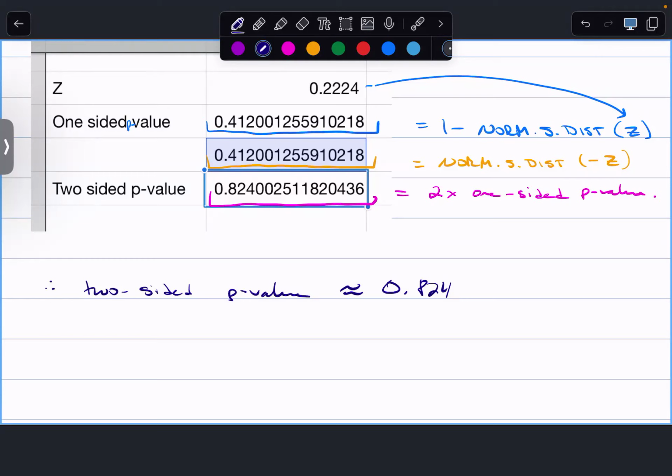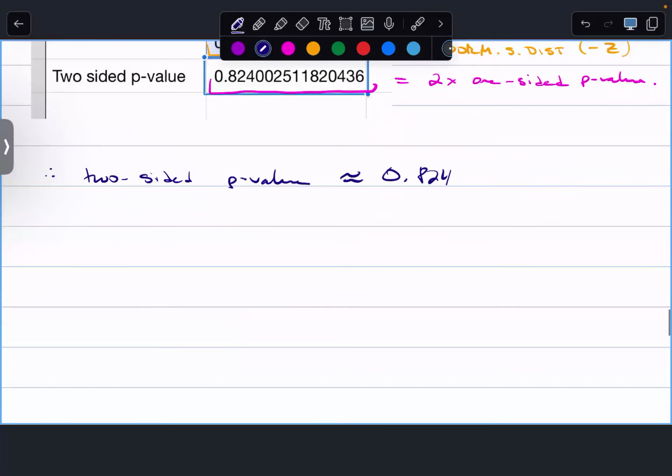We already suspected that we weren't going to reject H naught, right? And so this jives with that suspicion. Why? Because our conclusion, if the p-value is small enough, then you have enough evidence to reject H naught.